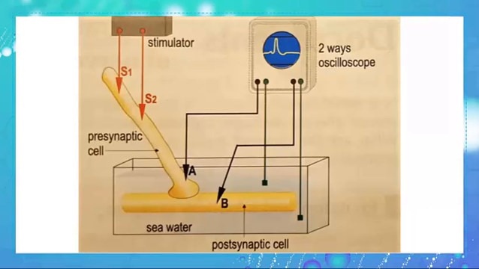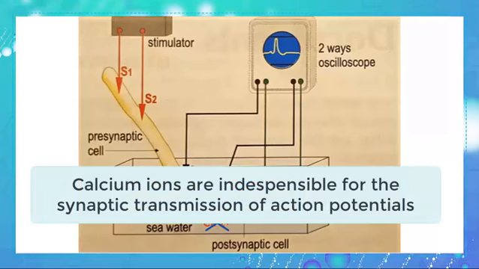In the second experiment, when calcium ions are removed from the medium and neuron A is effectively stimulated again, an action potential is only recorded at neuron A, but not at neuron B. This suggests that calcium ions are indispensable for the synaptic transmission of an action potential from one neuron to another.